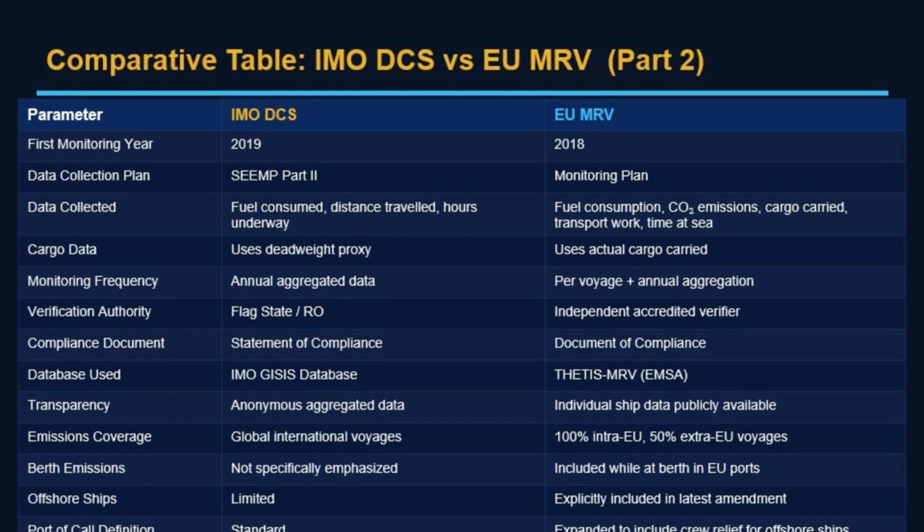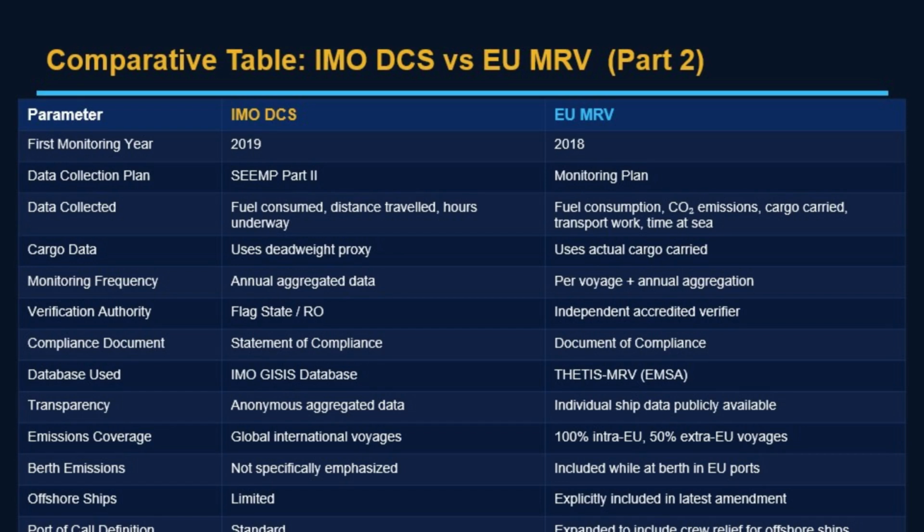Under IMO DCS, the data collection methodology is documented in SEEMP Part 2. Under EU MRV, the methodology is documented in a monitoring plan. Data collected under IMO DCS includes fuel consumed, distance traveled, and hours underway. EU MRV collects much more detailed information, including fuel consumption, emissions, cargo carried, transport work, and time at sea.